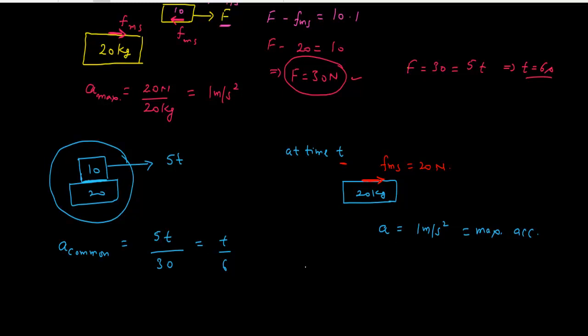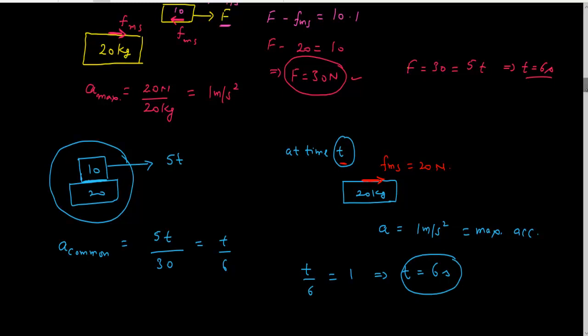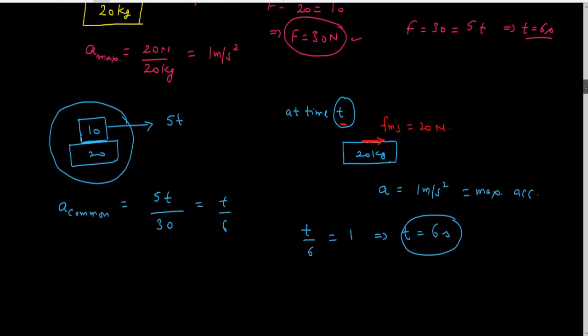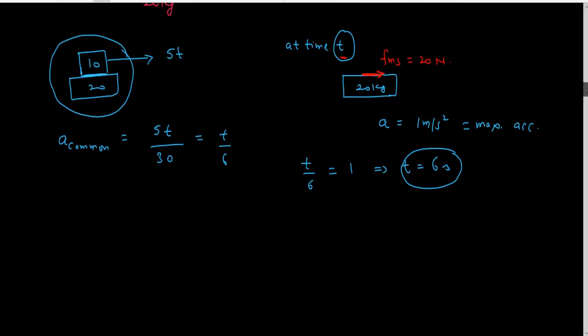So if I use this result, that t by 6, this common acceleration, is equal to 1, this means this time t is 6 seconds. So again we have proved that the blocks are moving together up to 6 seconds.